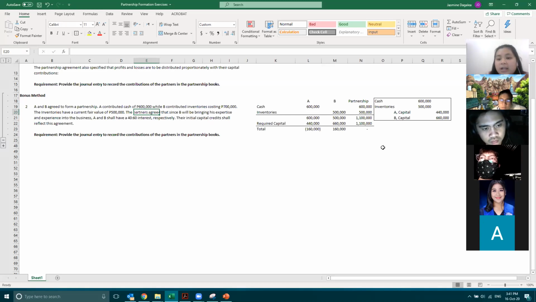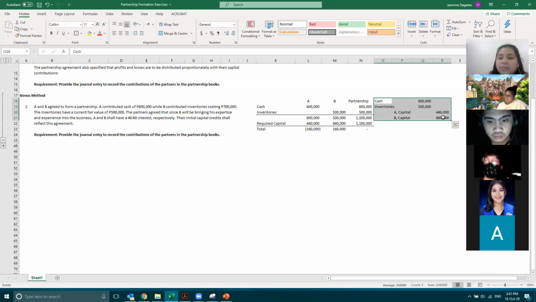So, bonus method ang ginamit. Walang cash settlements between partners and walang additional investment or withdrawal between the partners. Kasi sinabi na since magbibigay ng expertise si B, bibigyan siya ng bonus ni A, gagawing 60% yung capital niya. So, yung capital lang ni A, 440,000. Yung capital ni B naman is 660,000. So, yan yung journal entry nyo for number 2.